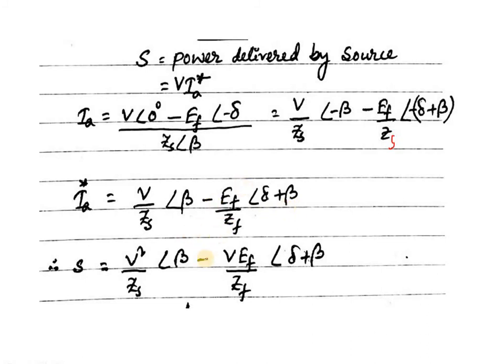So V into Ia conjugate will be V square by ZS angle beta minus V into EF by ZS angle delta plus beta. This is the complex power S.